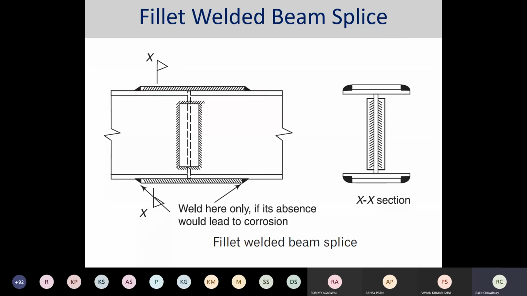Next, it is coming to beam splicing. What is meant by splicing? Splicing means if the member length is too short, then we add members onto one another, and thereby we make the entire structure. If I want to make a 5-story building in RCC, what is the length of one reinforcement bar?